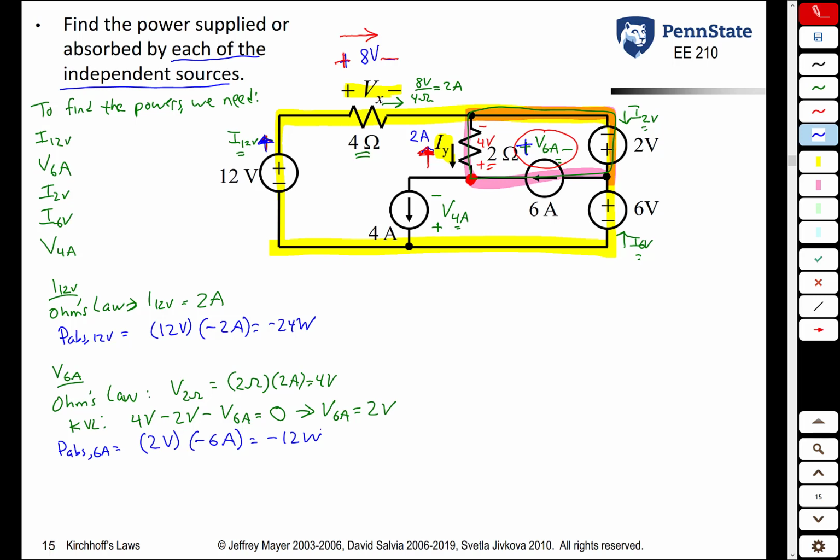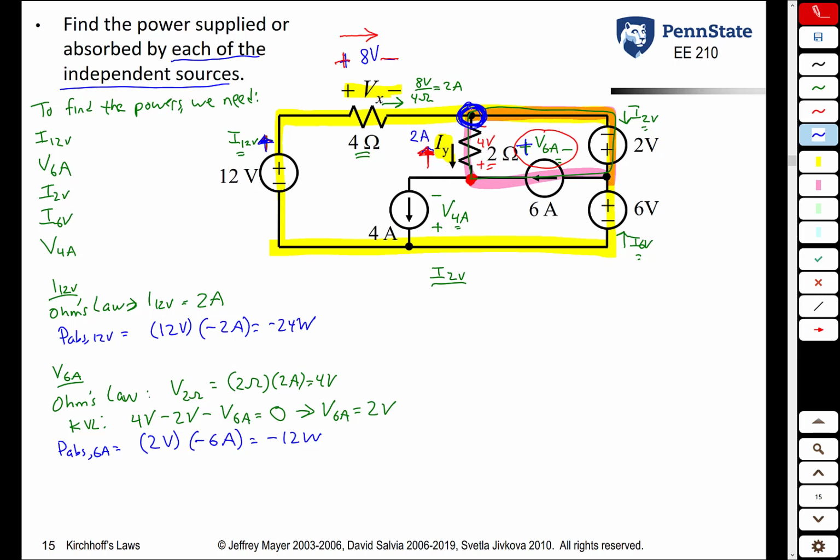All right, now let's find I sub 2 volts so we can find the power supplied or absorbed by the 2 volt source. Since we're looking for a current, something like KCL makes sense. If you remember the other day, we determined that we could not do KCL at this node here because we did not know the current through the right branch.